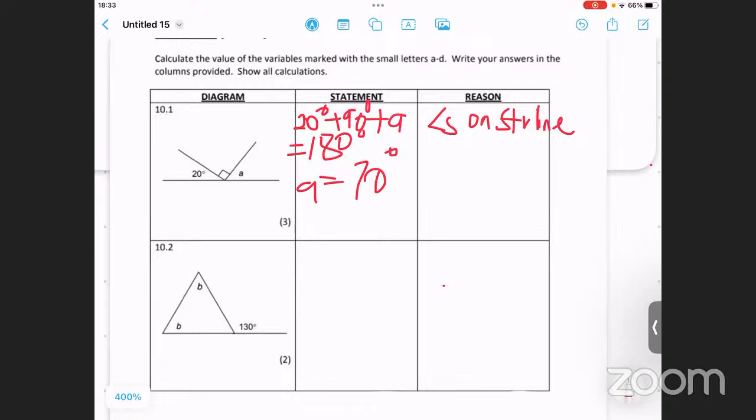The exterior angle is 130 degrees. And what's going to be the statement and the reason for this, Zira? Ma'am, it would equal B plus B equals 130 degrees. B plus B equals 130. And the reason? Opposite angles equal sides exterior angles.